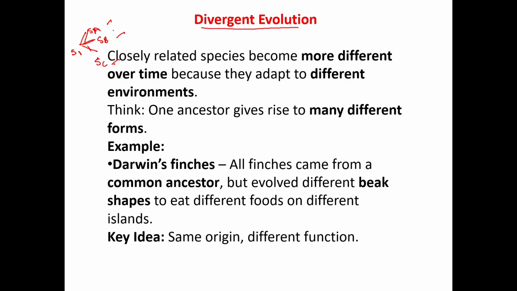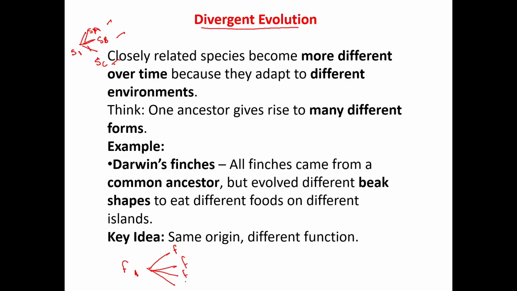So divergent evolution is when related organisms become different over time due to adapting to different environments. For example, the famous example we already discussed in our previous class: Darwin's finches on the Galapagos Islands all came from one common ancestor and became different varieties of species.